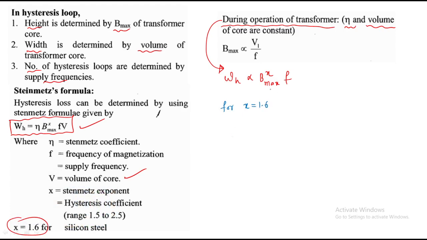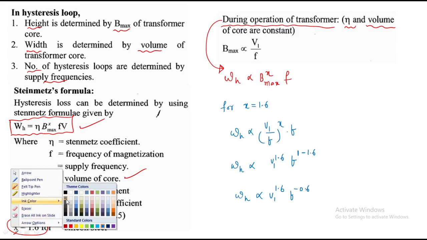Therefore, from this, B max is proportional to V1 by F. So hysteresis loss is proportional to V1 power 1.6 and F power 1 minus 1.6. So hysteresis loss is directly proportional to V1 power 1.6 and F power minus 0.6.